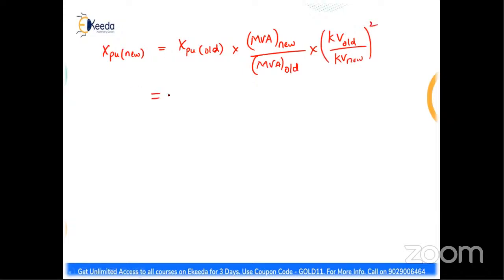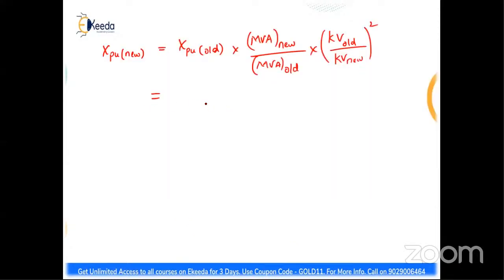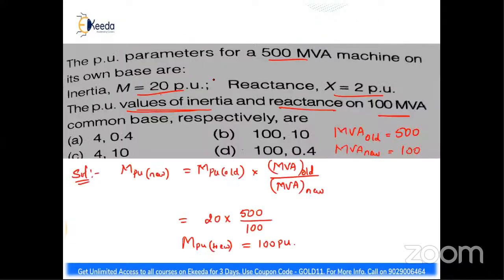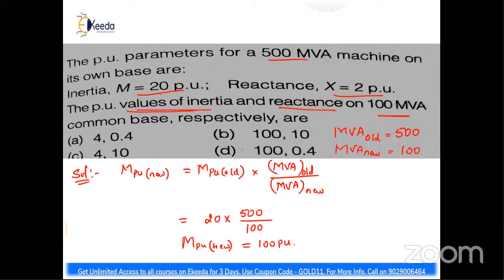So what is the reactance old value? That is 2 PU, right? And what is the MVA new value? That is 100. MVA old is 500. Then 2 into MVA new value, 100, divided by MVA old value, 500.